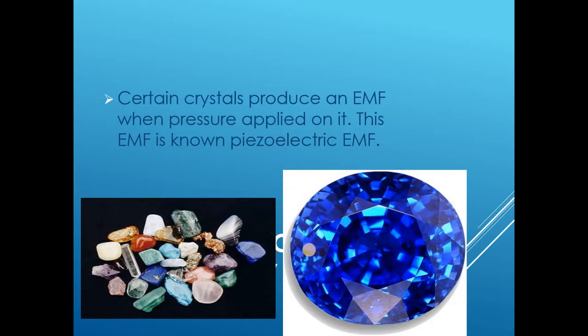Certain crystals produce an EMF when pressure is applied on them. This EMF is known as the piezoelectric effect. This form of electrical generation is commonly known as piezoelectric. The most common piezoelectric materials today are crystalline quartz and barium titanate.